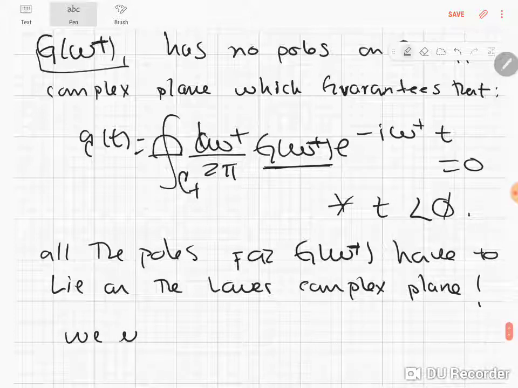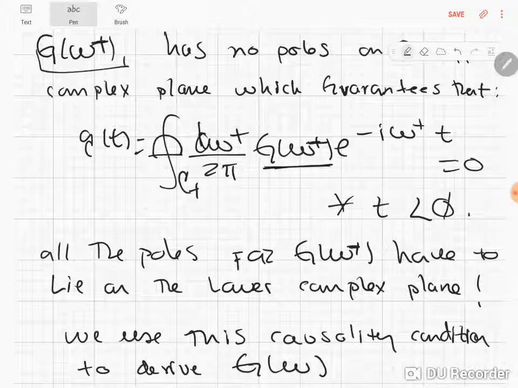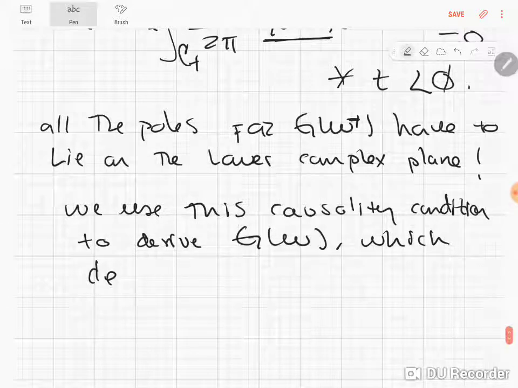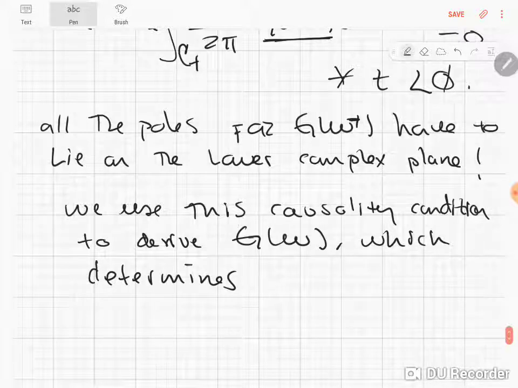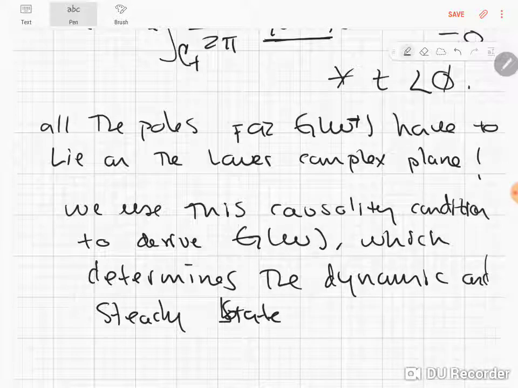So we use this causality condition to derive G of omega, which determines the dynamic and steady state behavior of our system.